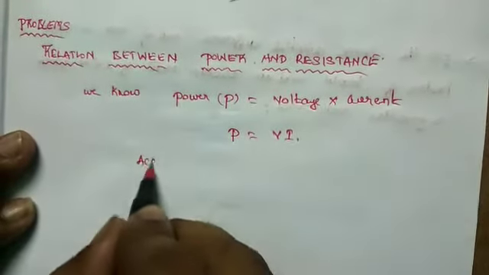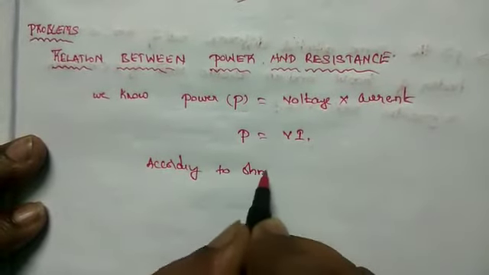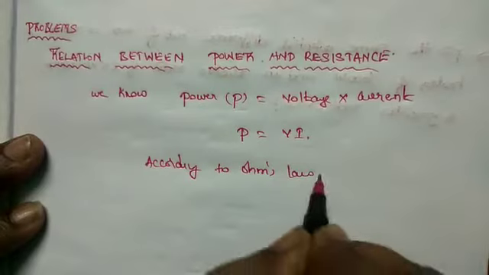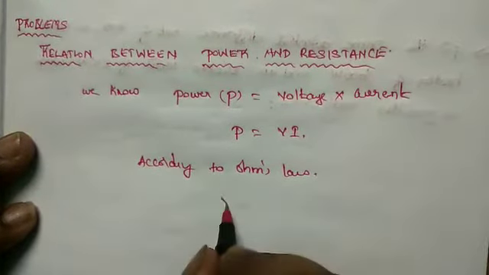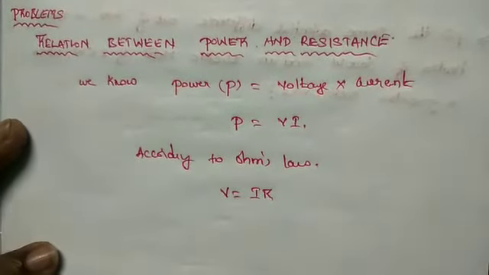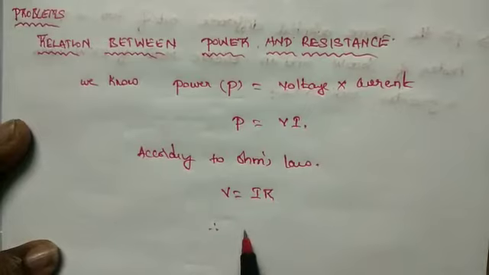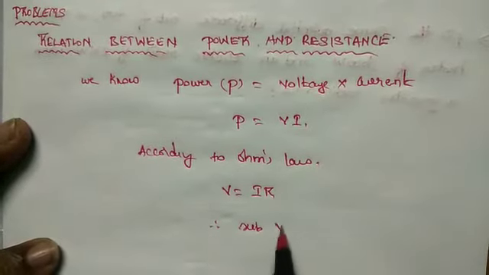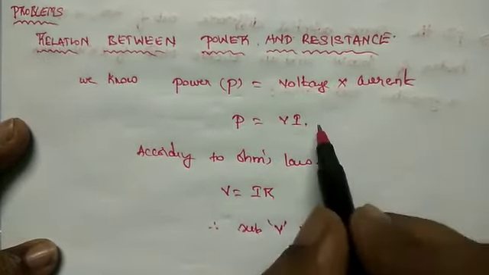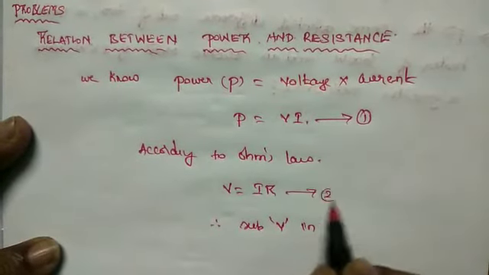According to Ohm's law, V is equal to IR. This is equation 1, and this is equation 2.